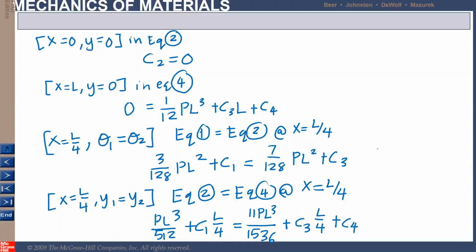Now we have all these equations, so we can solve them simultaneously and get the value for each constant. If you solve the equations simultaneously, you will end up with these values.